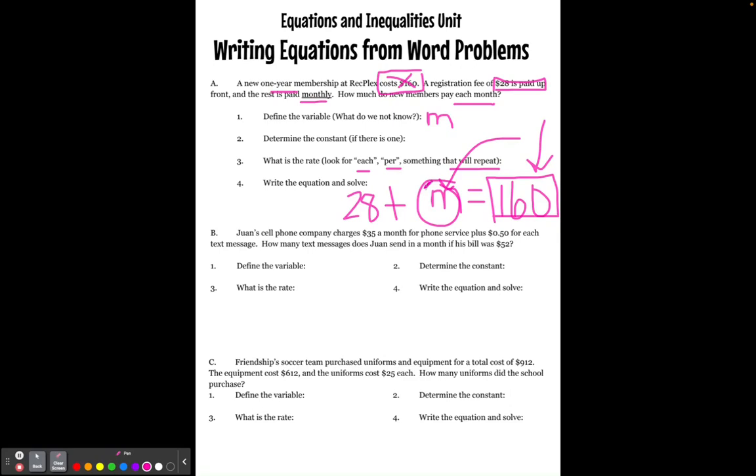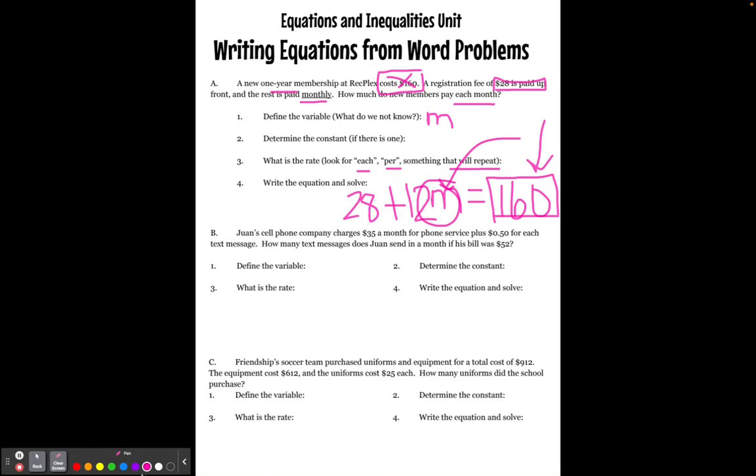But we do know it has to be for an entire year, right? So I'm going to need this to repeat 12 times. The monthly rate could be $2. The monthly rate could be $500. It doesn't matter. The monthly rate has to repeat every month for 12 months straight. That's what a year means, right?